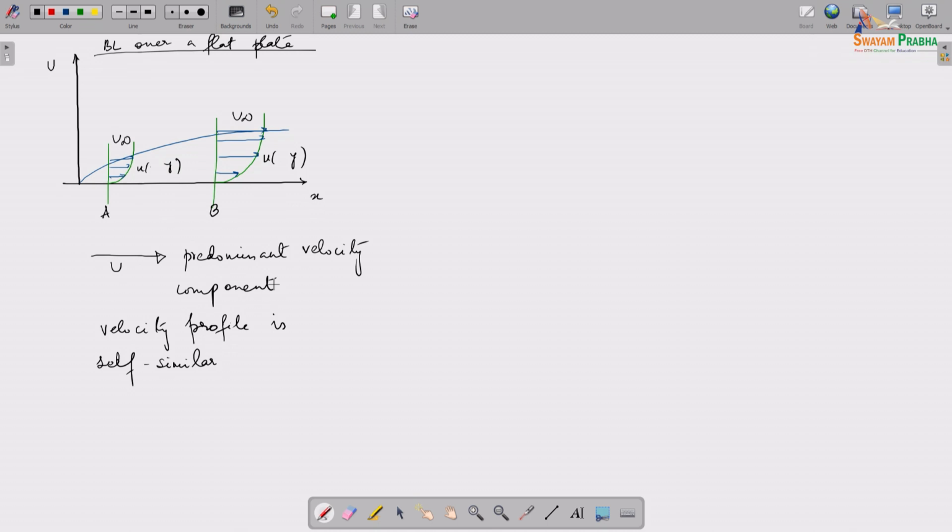The variation is predominant in the y direction, or essentially in a direction perpendicular to the flat plate, or to the x-axis.